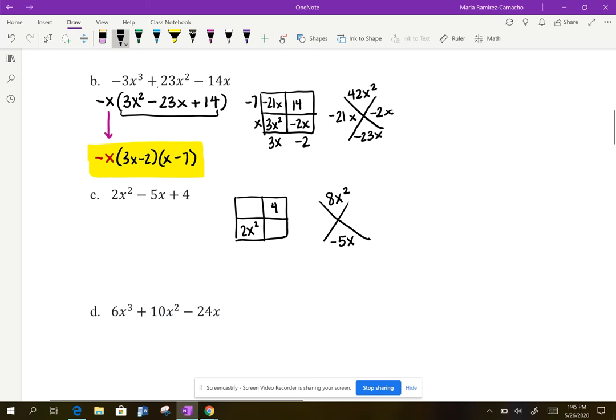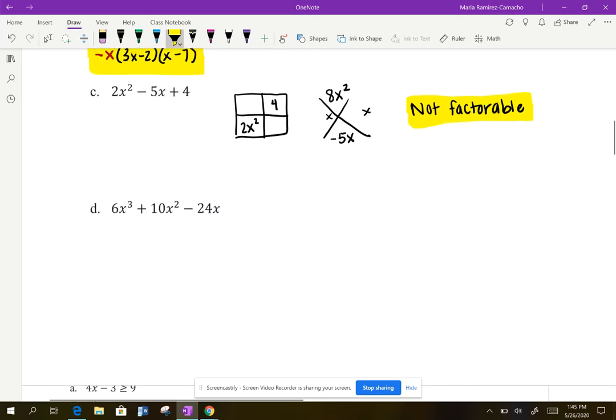Can I think of two numbers that multiply to 8 and add to -5? No, there's nothing. So this would be not factorable, because nothing will multiply to 8 and add to -5.